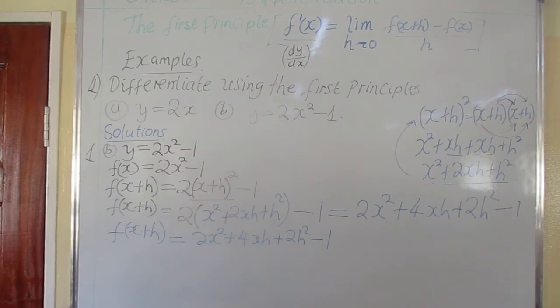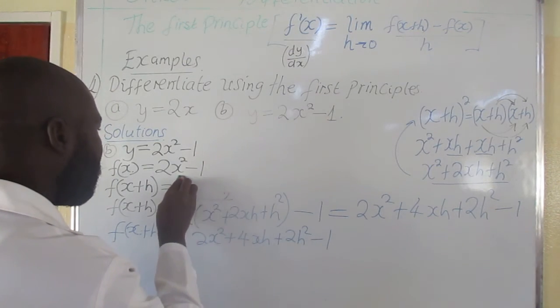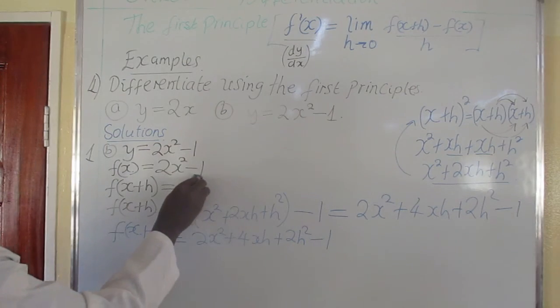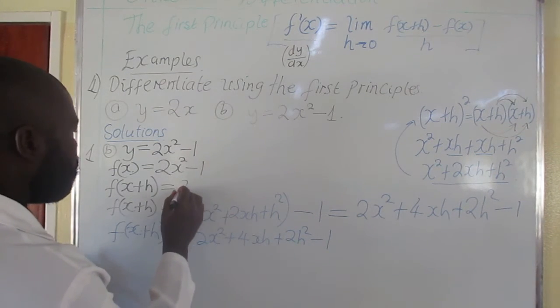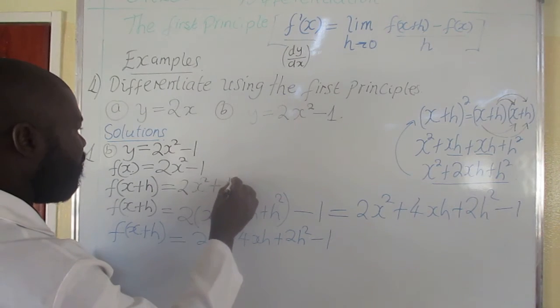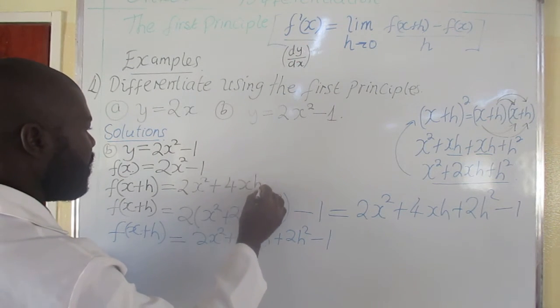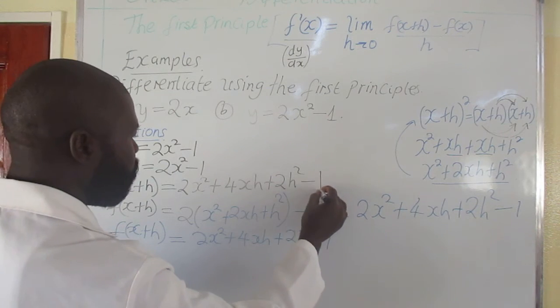So in the formula, where we are going to have f(x plus h), we are going to put 2x squared plus 4xh plus 2h squared minus 1.